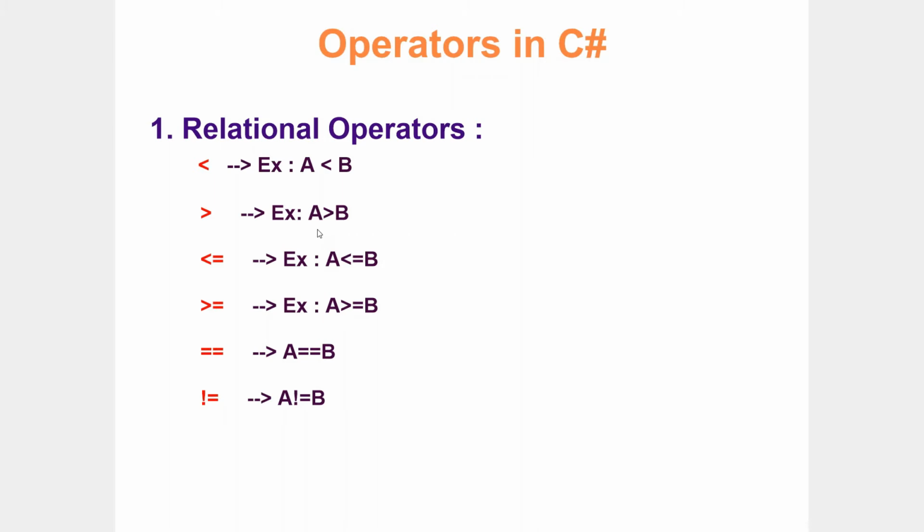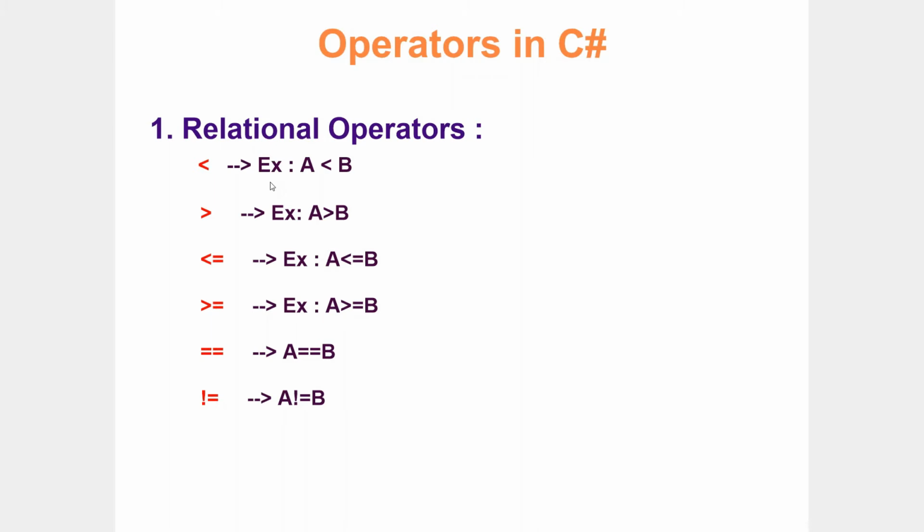What is that comparison? The comparison can be less than, greater than, less than or equal to, greater than or equal to, is equal to, not equal to. Let's say there are two values A and B. Which one is small and which one is big? I would like to know whether A is smaller or B is smaller.